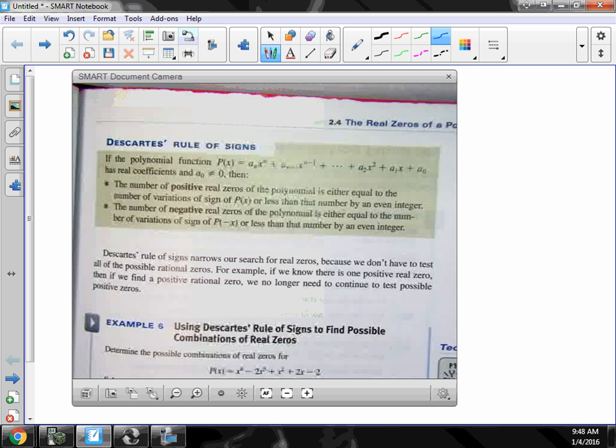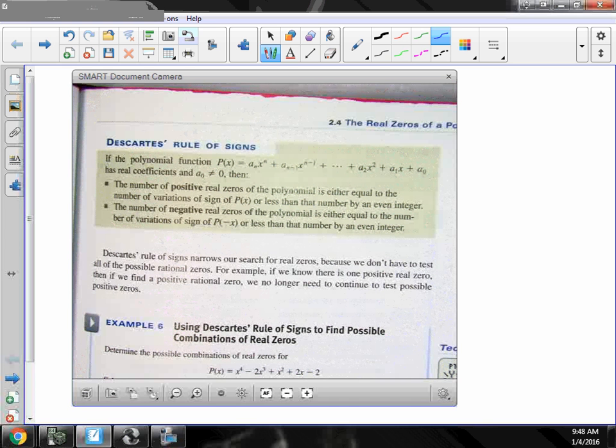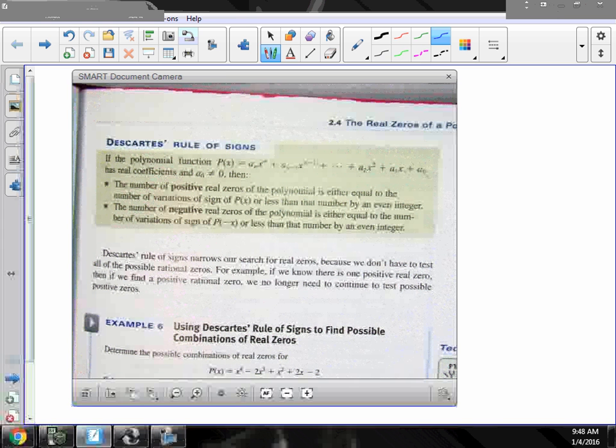So Descartes said, if the polynomial function p of x, so we have x to the n, n minus 1, all the way down, has real coefficients, and the first term is not 0, which if the first term is 0, then it's not there, right? So that's not a problem.